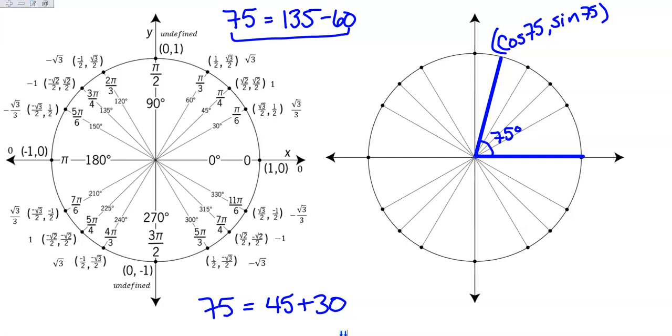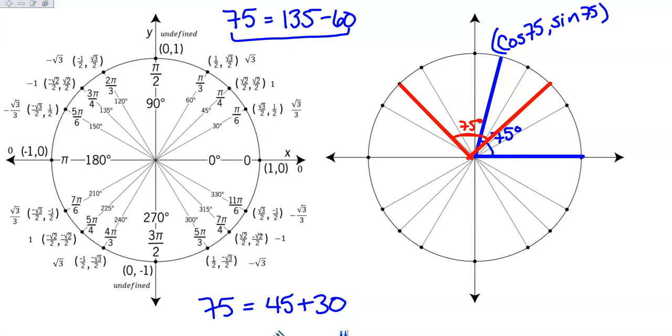So let's take a look at doing this up here. If I have a 135-degree angle, that is this one right here. And if I want a 60-degree angle, that is this one right here. If I look at this, it's important to realize that this angle right here is also 75 degrees.